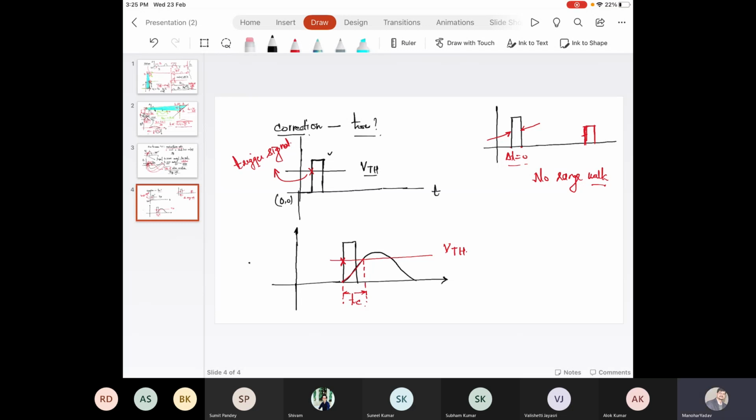Further, we can also identify the peak level. When this signal attains the peak, that is time TR. So it is also recorded. And rather than talking in terms of VTH, we write in terms of power, PTH, the threshold power. And this is the peak power.